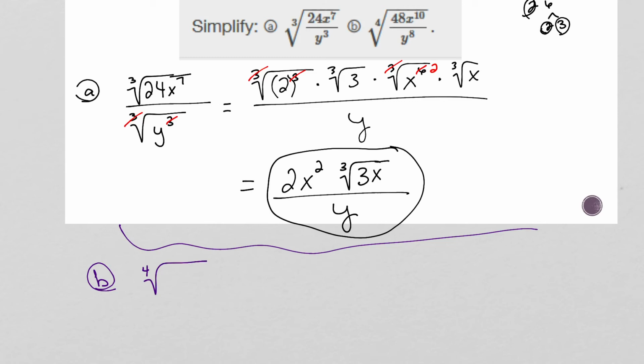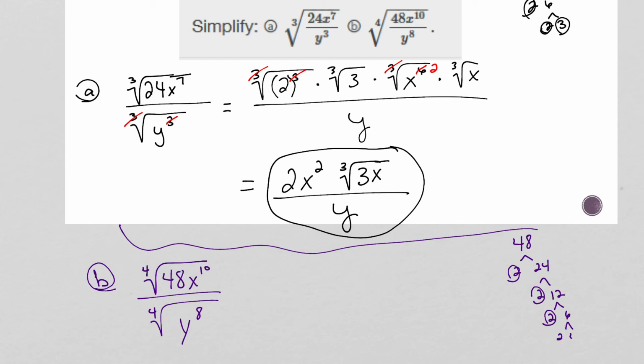Fourth root of 48 x to the 10th over the fourth root of y to the 8th. Okay, so again, off to the side over here, I'm going to make a factor tree. That's a 3. All right, so I get 2 to the 4th power times 3.